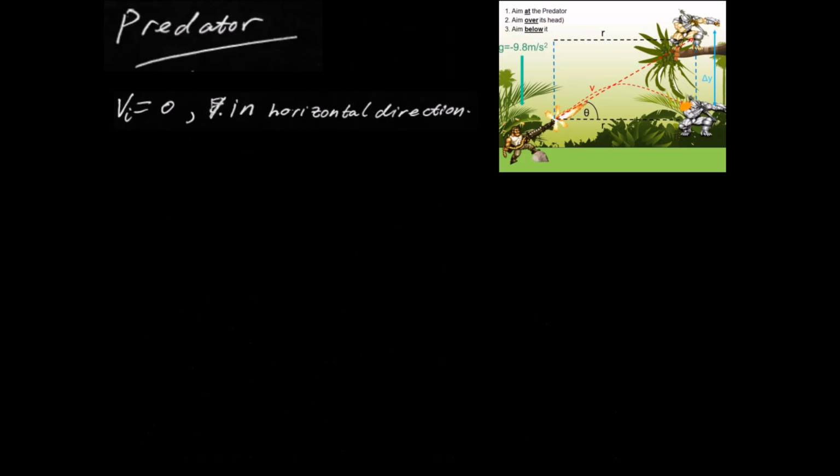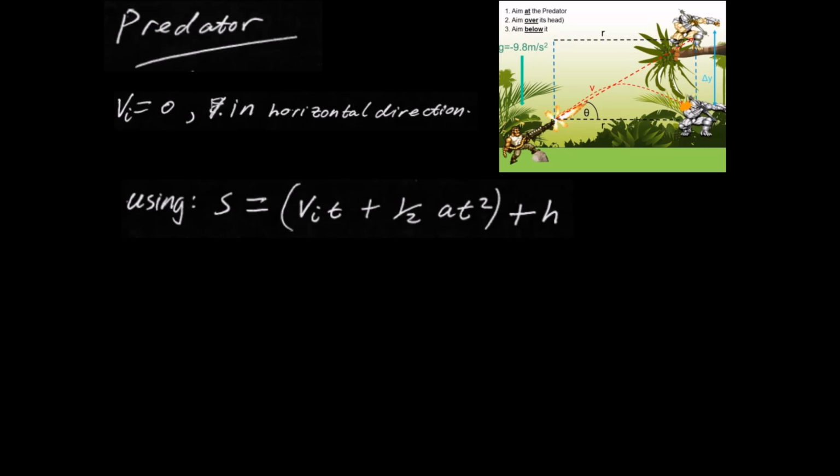But for the predator, here we have an initial velocity Vi of 0 as he's sitting in the tree, and its velocity in the horizontal direction is essentially 0. So he's not moving in the horizontal direction at all. He's going to drop in the y direction. This means that his displacement is going to be whatever height he starts out at, plus s equals Vit plus half at squared here.